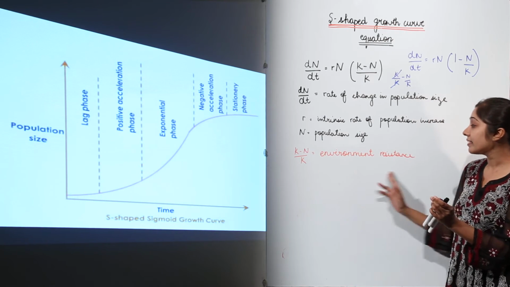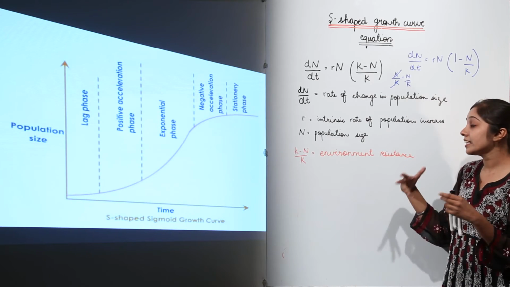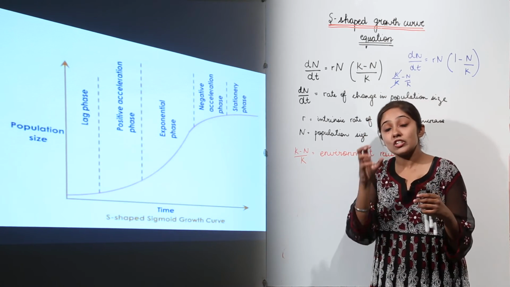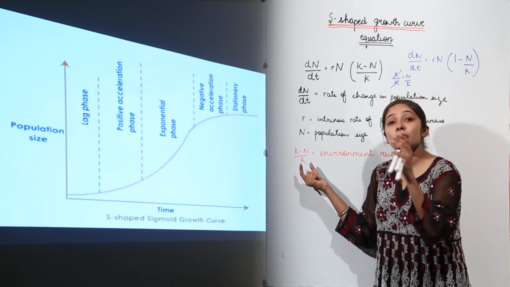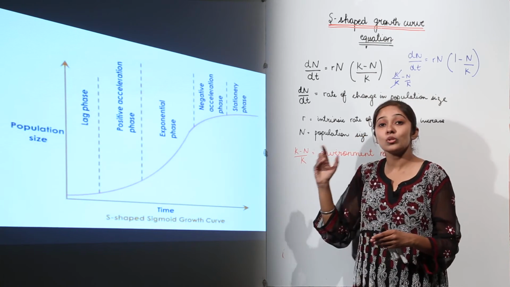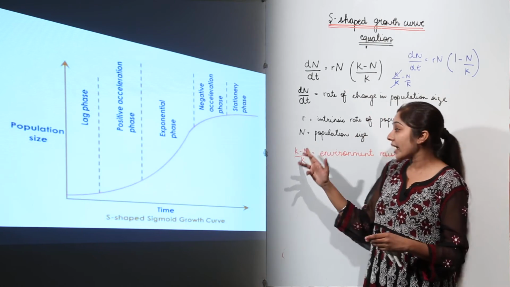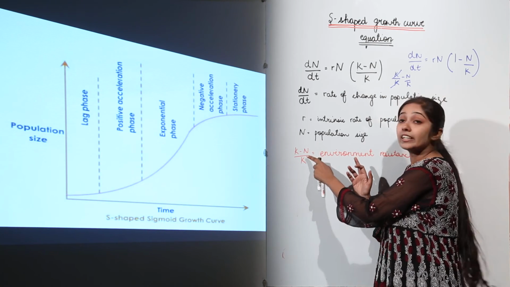That is determined by this environmental resistance, and we find it by subtracting the actual population size from the population size under ideal conditions. So the population increase during ideal conditions minus the population increase during actual conditions, right.